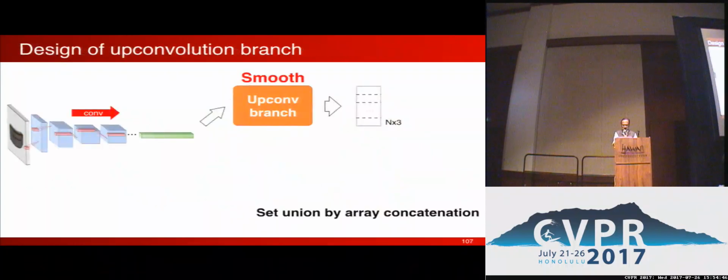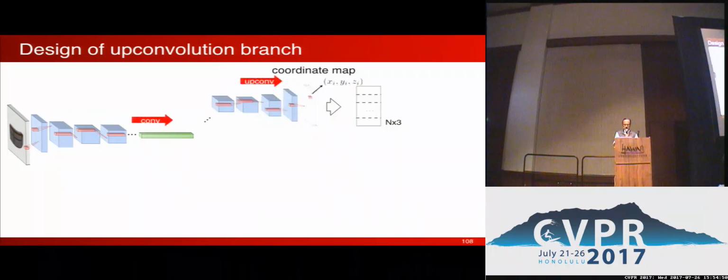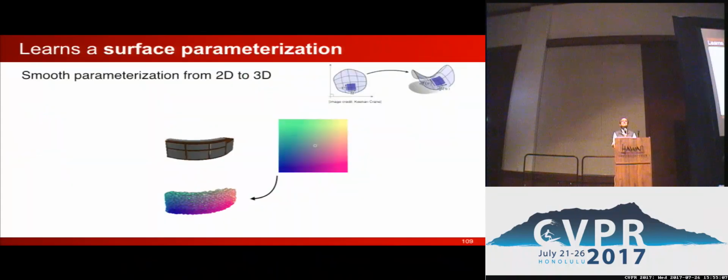And the up conversion branch is a fairly traditional convnet that ends up essentially computing a parametrization that is a map from a smooth surface like the plane up to 3 space. So basically, it produces x, y, z coordinates for points in the parameter domain, which in this case is just an array. And this is very good at capturing smooth shapes, as we know from traditional computer-aided geometric design.